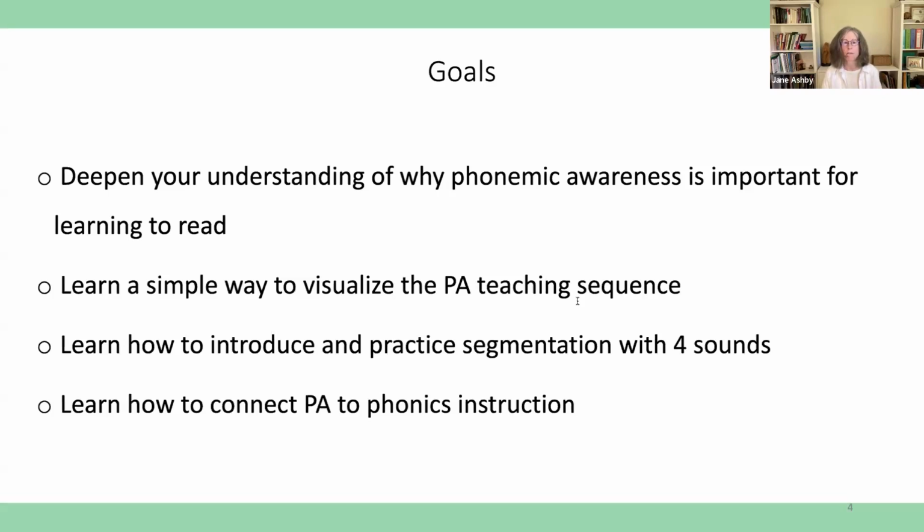So you can draw from your phonemic awareness resources, but not be chained to them, right? And then you can also adapt them for the needs of particular students or groups of students. I'm also hoping you'll learn how to introduce and practice segmentation with 4 sounds and how to connect phonemic awareness to phonics instruction.